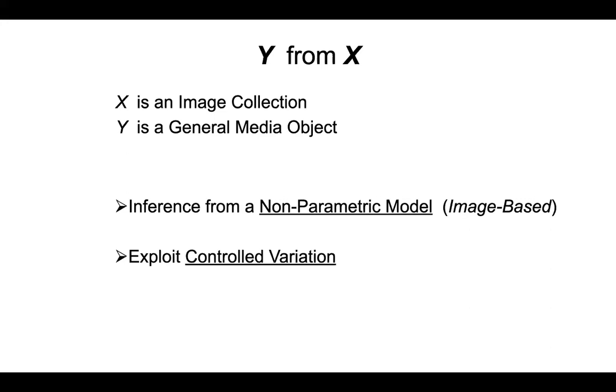And then we are going to extract a general media object from an image collection. And the difference is that we are going to do inference from a non-parametric model. And this makes this image-based, because the non-parametric model is the image collection itself. And then we are going to exploit the affinity relation. We're going to exploit the controlled variation that is in this image collection in the affinity relation.